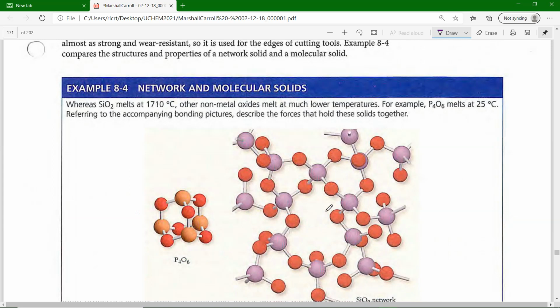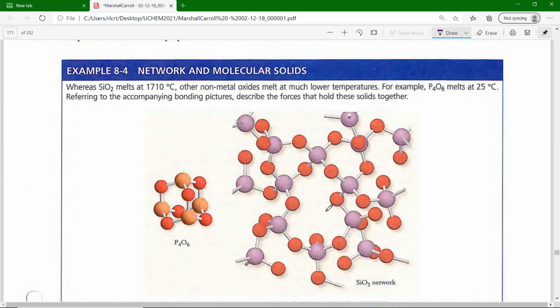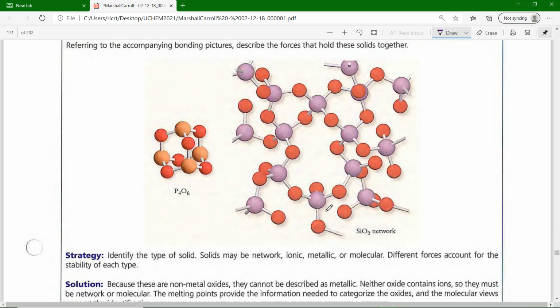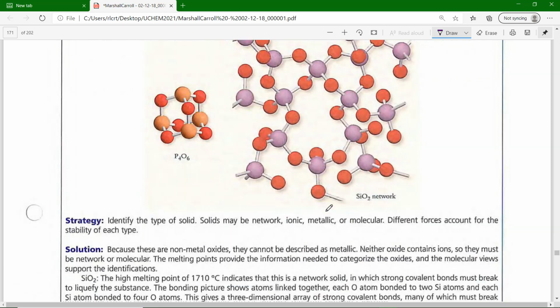So here's an example. You have P4O6, which is a molecular solid, and SiO2 is a network. So P4O6 is a molecular solid with dispersion forces, and SiO2 is the network solid. Okay, they are not metallic, they aren't ionic, so they have to be network or molecular.